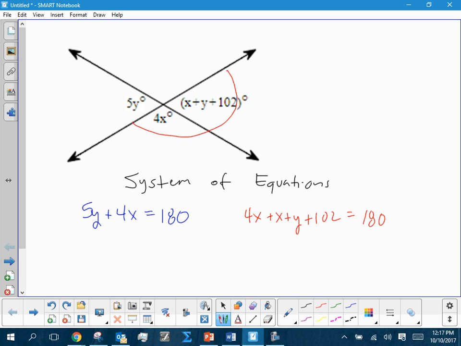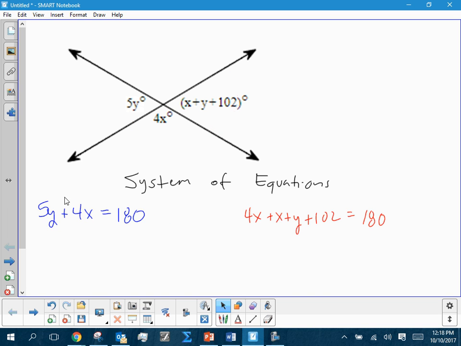Okay? It is extremely common to see systems of equations inside other concepts. Okay? And so it is a tool that we should learn how to kind of refine and be able to use.